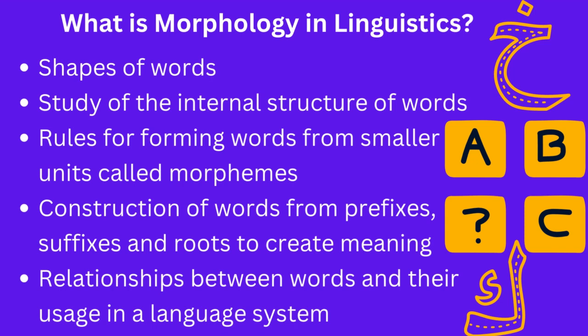It's the branch of linguistics that examines the way words are constructed from prefixes, affixes, and roots to create meaning. In this way, morphology helps to understand the relationship between words and how they can be used in a language system. So morphology is all about the shape of words in any language. Let's have a look at the importance of morphology in the study of language in our next slide.